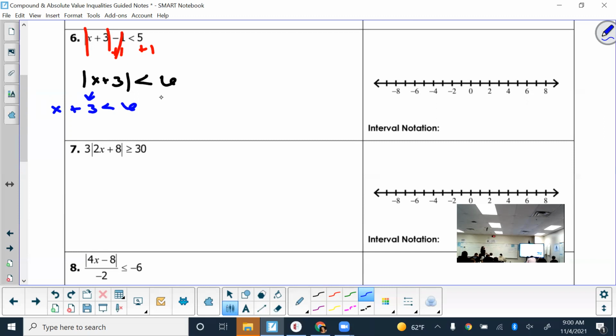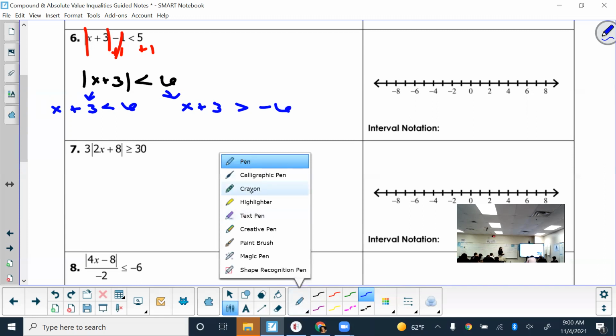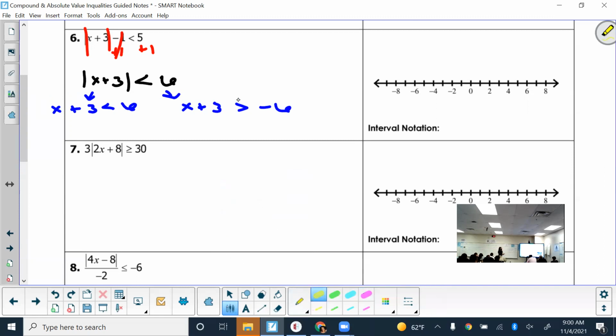The second one should be what? Greater than -6. Good. So that switch. There's 2 things to switch. First one you keep it the same. Second one you switch the sign and make it negative. Good there?